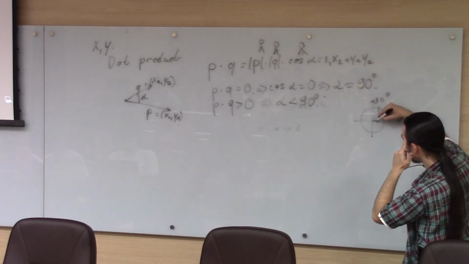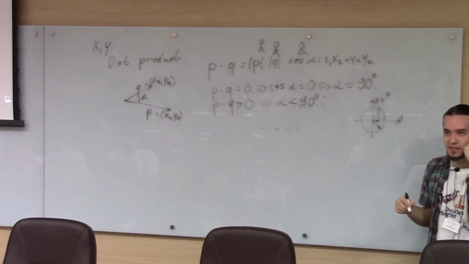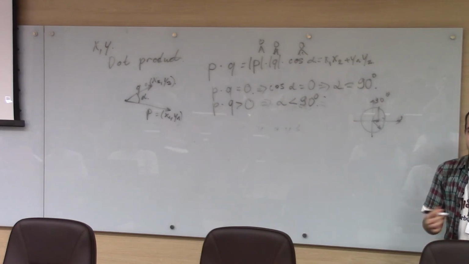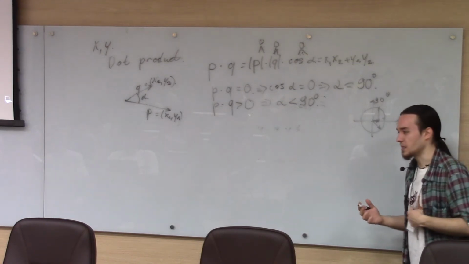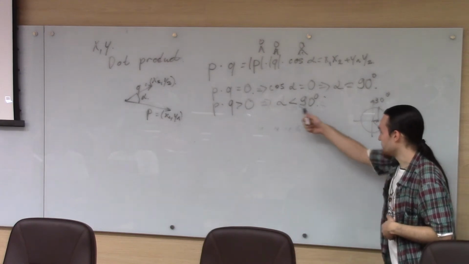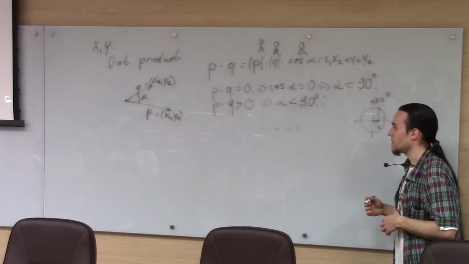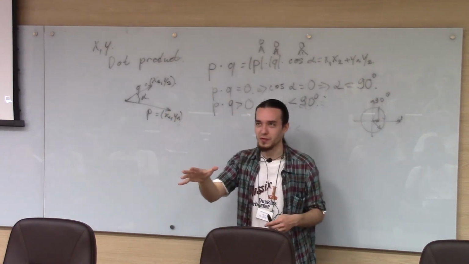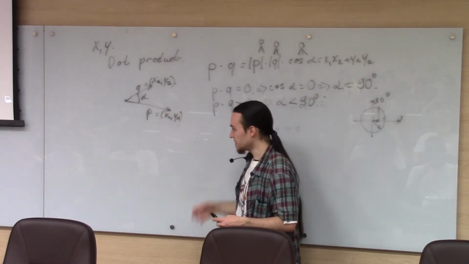And it could be that we are under the line, but we kind of don't care because cosine is an even function. So the cosine of an angle is equal to the cosine of the negative angle. So okay, this is how we know that if we want to check that the vectors point in the same direction, then this is how we check it.